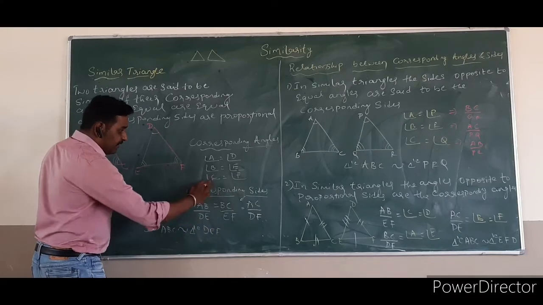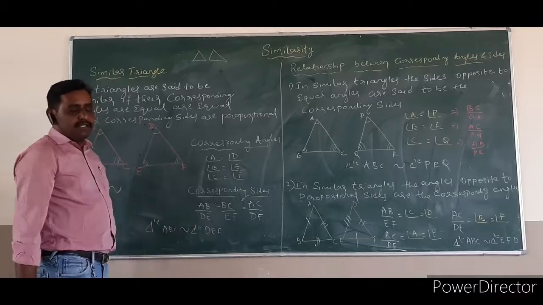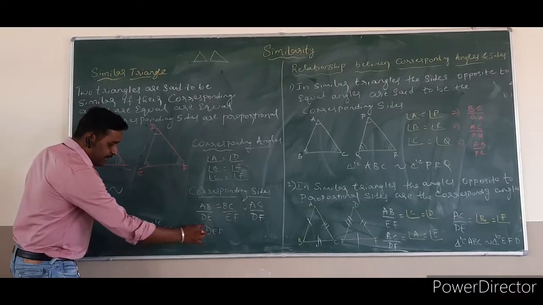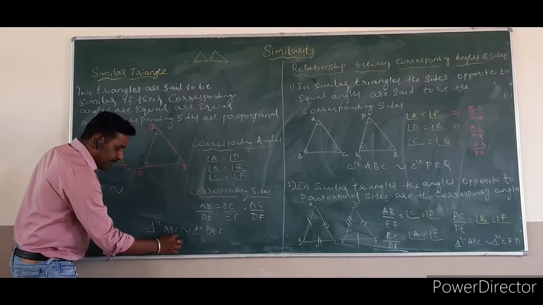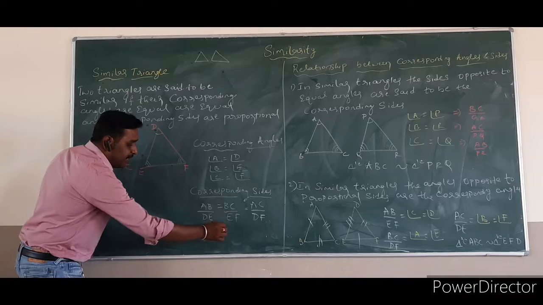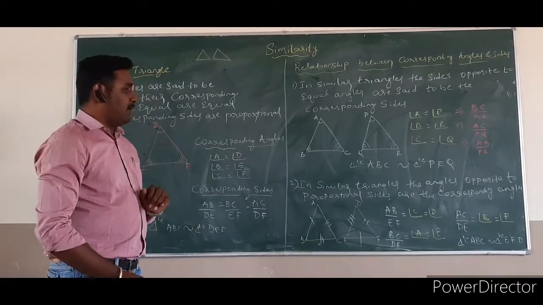Third place, C equals F. So the orderly arrangement of vertices is very important. If you divide the sides also, AB divided by DE, BC divided by EF, AC divided by DF. So the orderly arrangement of vertices is very important.